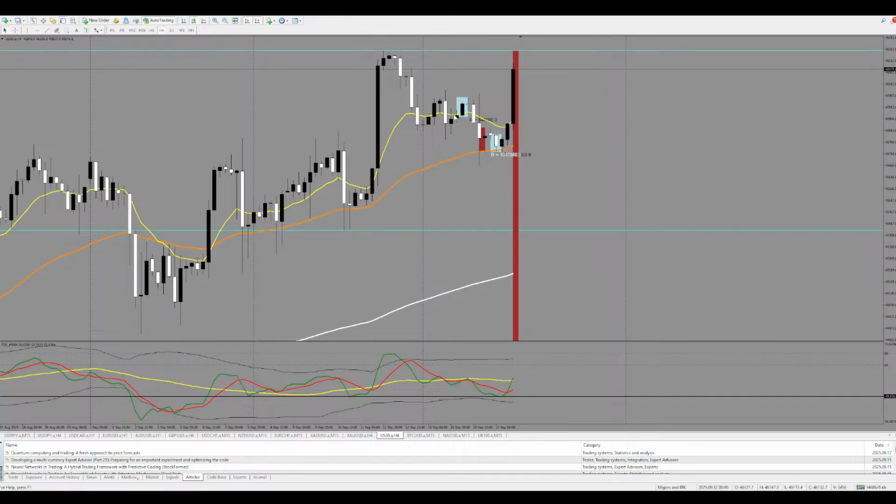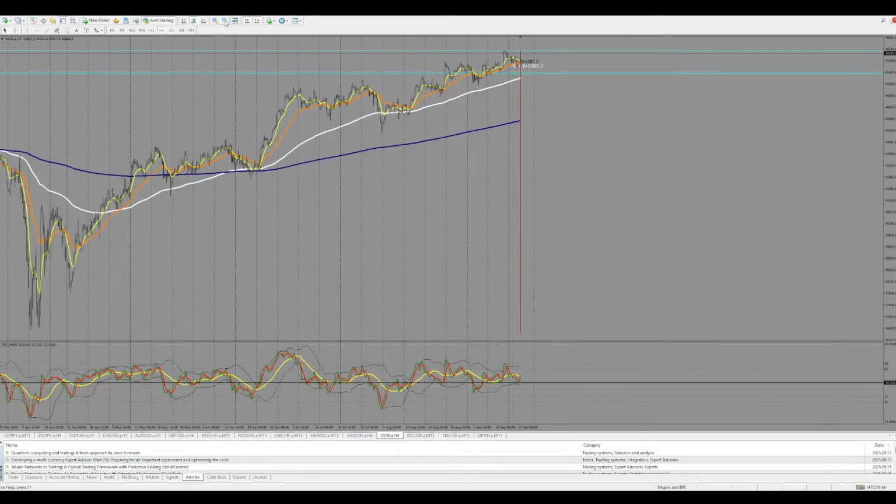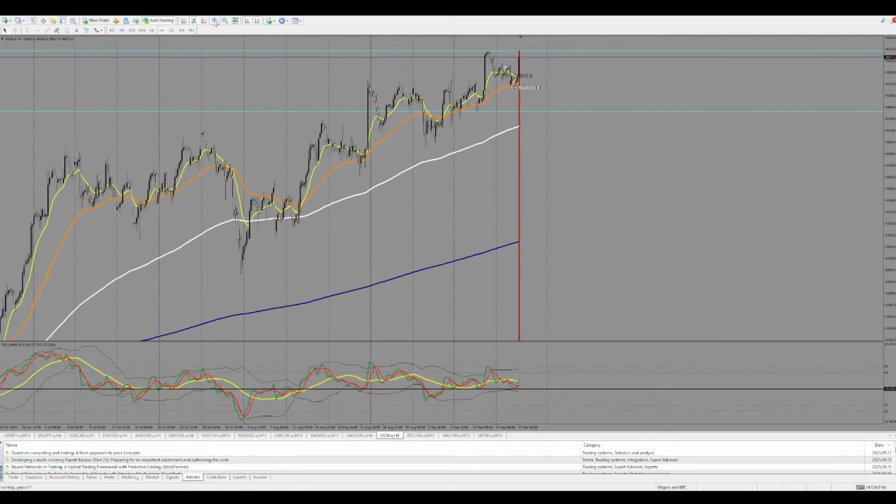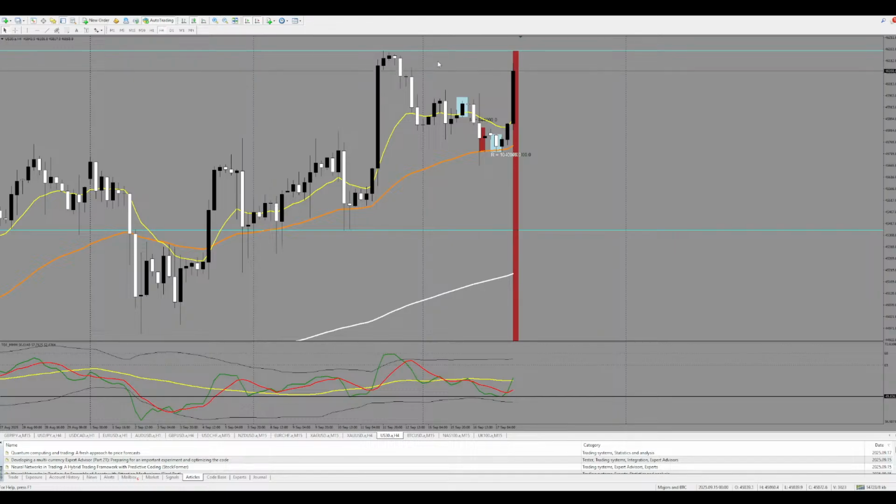So beyond this point, any of this price action here is what we call internal price action. Whenever you are trading, you want to pay attention to the external price action, which is whatever is happening here on the larger scale, but you also want to see whatever is happening inside the internal price action. If you're going to trade internal price action, then you have to ensure that you're trading with the internal trend.